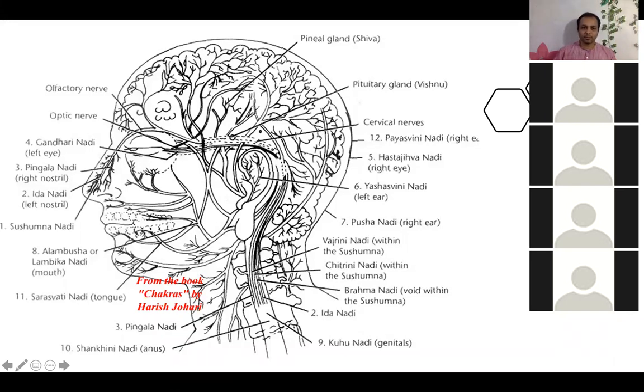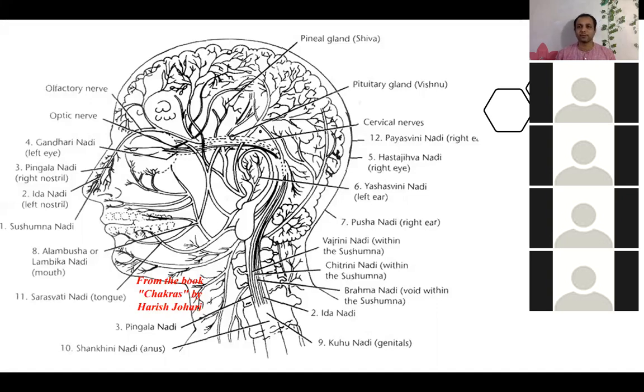Okay, so far, any questions, comments on this? The pineal gland, the name we give it is Shivanadi and Vishnunadi. Pineal gland is the one that connects here. They say that connects to the Ajna chakra.